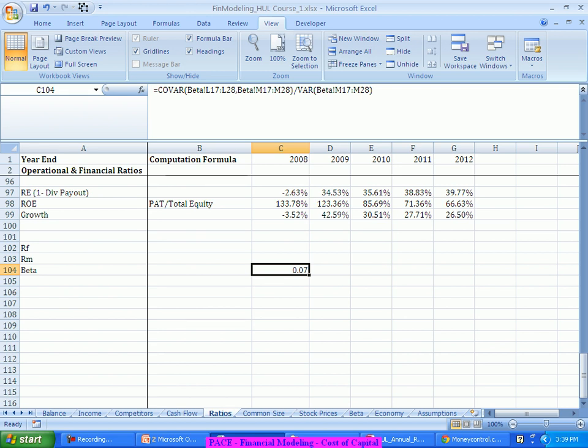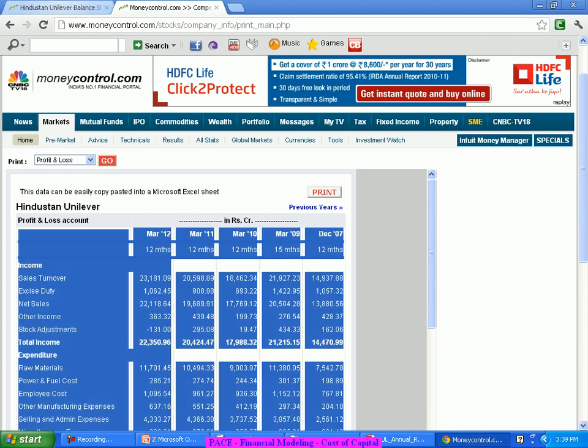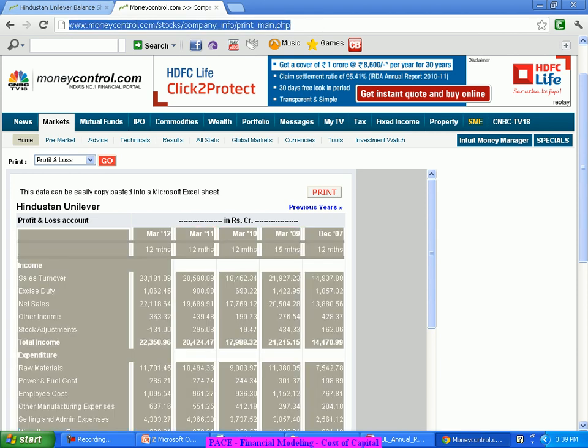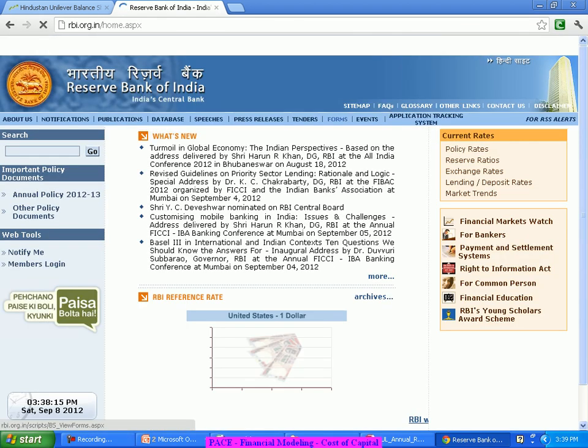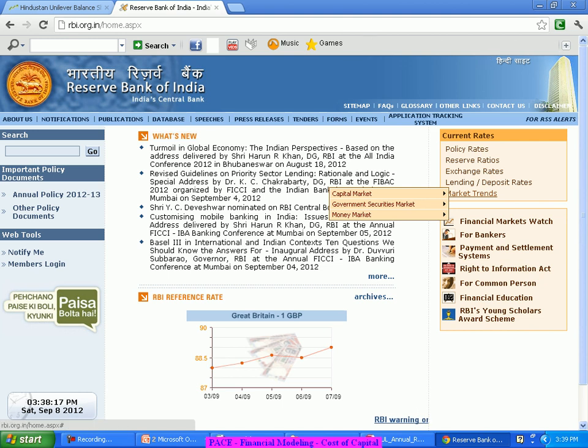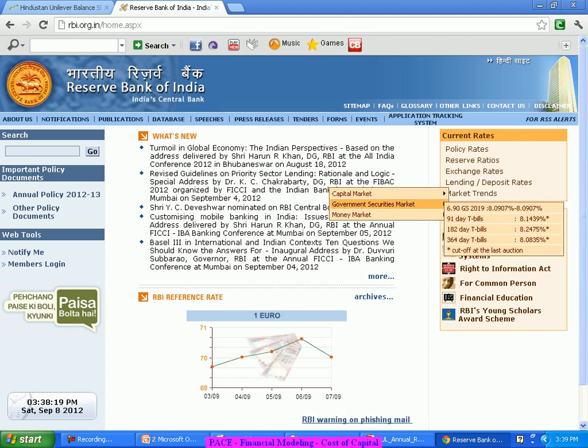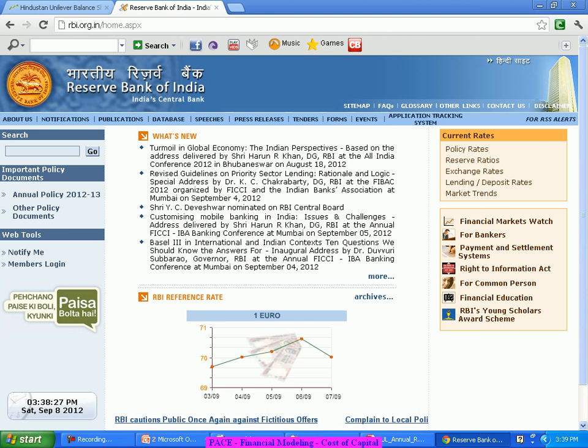Right? But whatever is the beta, now RF actually comes out from your RBI site. The return on the treasury bills. You go into this market trends, government securities market. The 364-day treasury bill at this moment is 8.0835%.